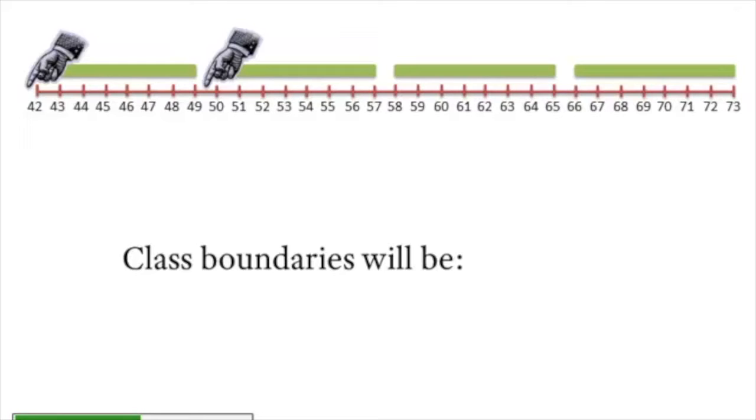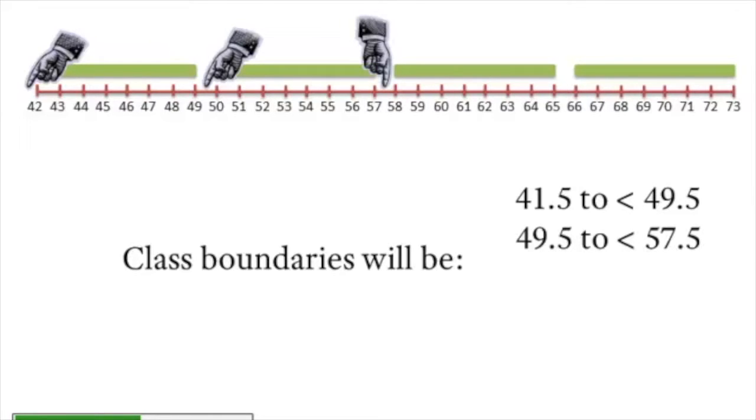So for our first class, our class boundary will be 41.5 to less than 49.5. Now you'll notice that we have the less than sign in here. This means that a number like 49.4999 would go in the first class interval, but a number such as 49.50001 would go in the second class interval, where its boundary is 49.5 to less than 57.5.